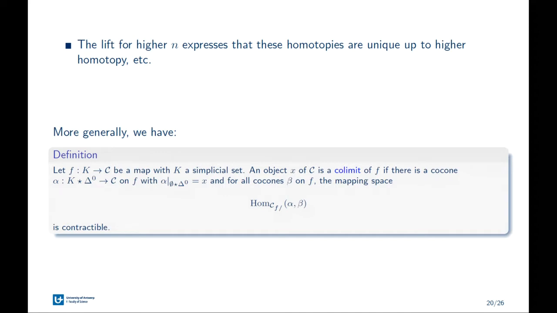So if I have a map from some K to C, where C is a quasi-category, then I can associate with it a category of cocones, which is given by C under F. And in this case, we're requiring this mapping space to be contractible. I didn't define everything that's in this definition. It's also not that important. But the point is that, again, we're replacing uniqueness by contractibility, but instead of taking the ordinary mapping space, we're taking the mapping space of cocones.